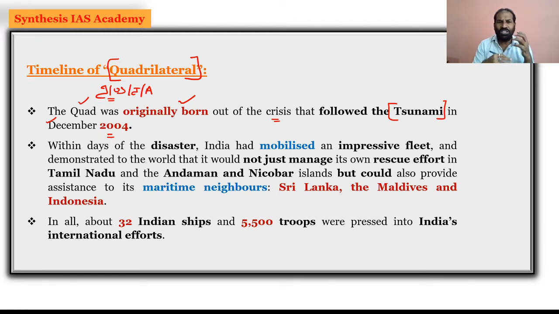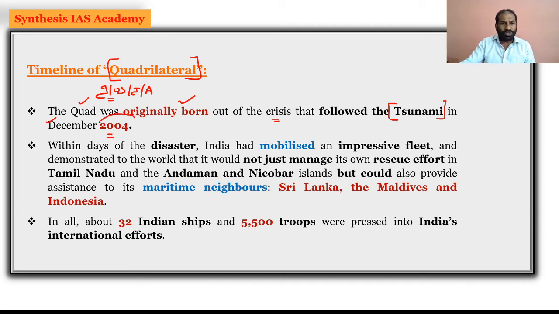The actual concept of the Quad was born when the tsunami struck the Indian Ocean and further the African coast. So the Quad was born between India and the other countries, US, Japan and Australia.